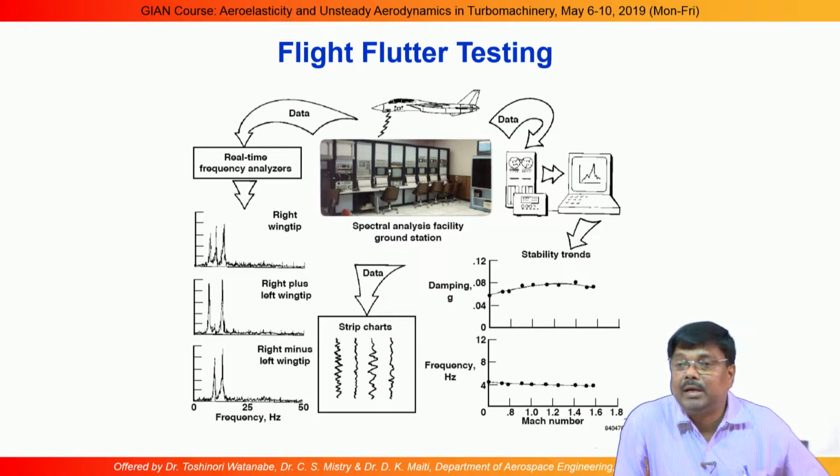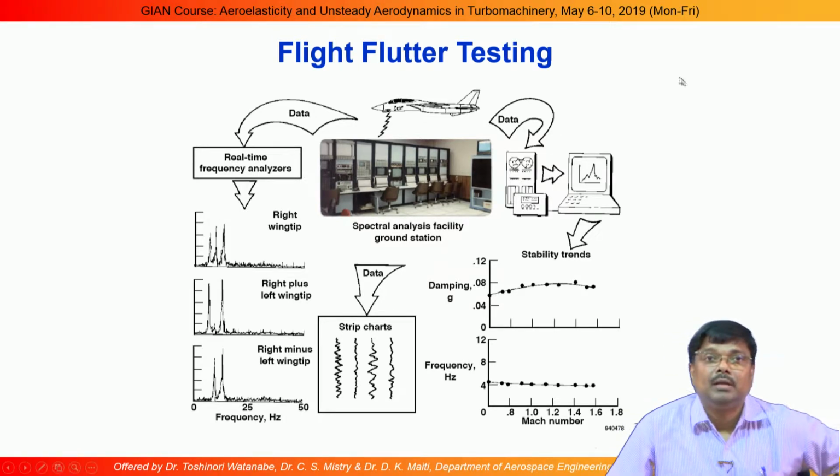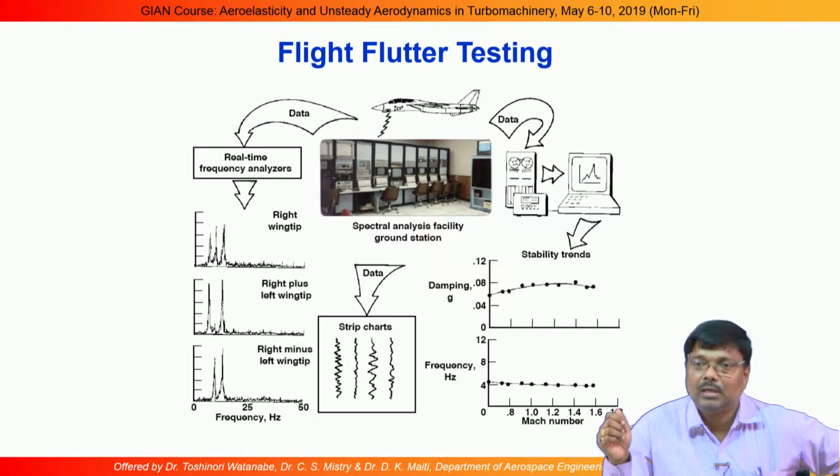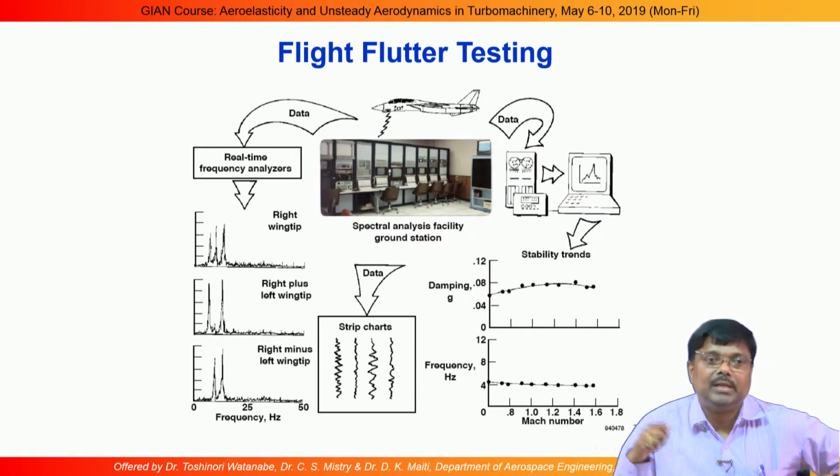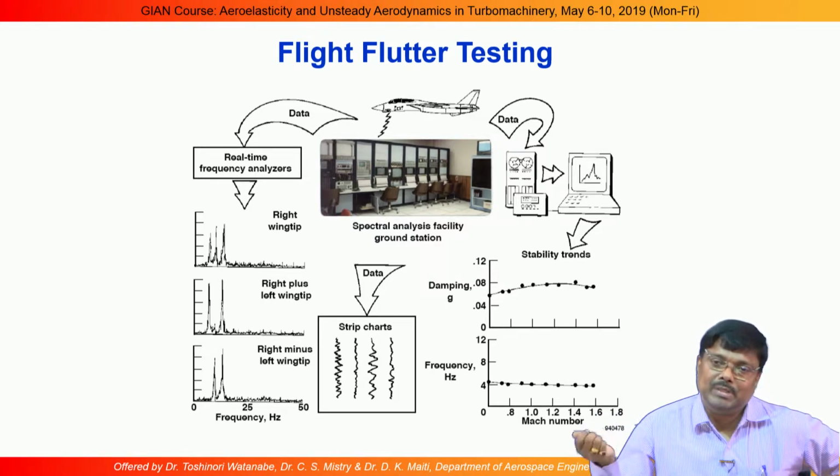Then the flight flutter test. This is typically done when the aircraft is flying. Through the control mechanism, a certain pulse is generated and given to the control surface, which excites the whole aircraft. It may be a symmetric pulse or an antisymmetric pulse.